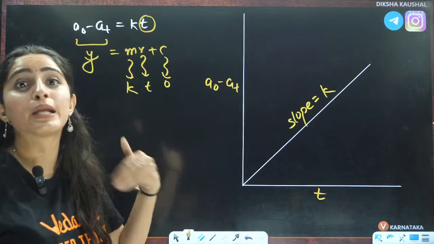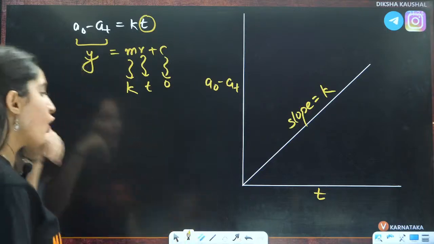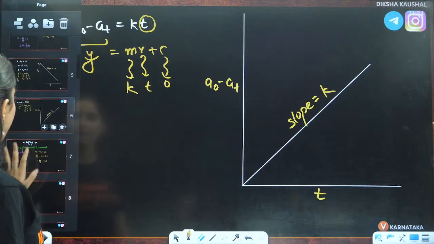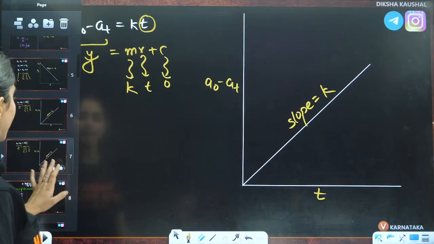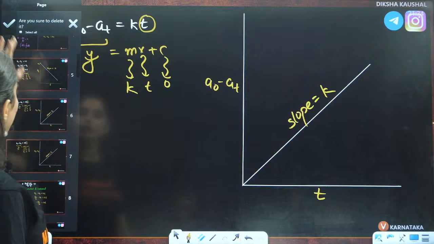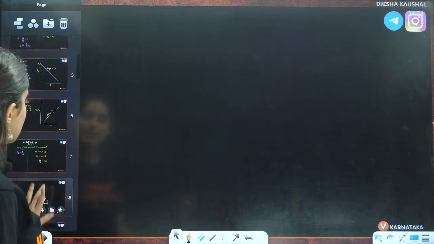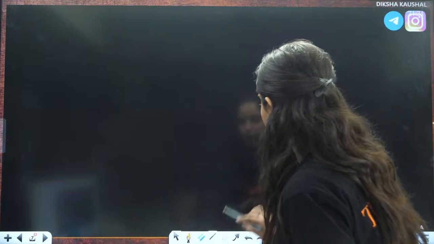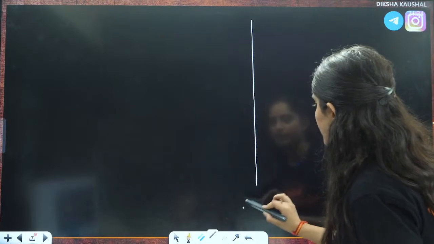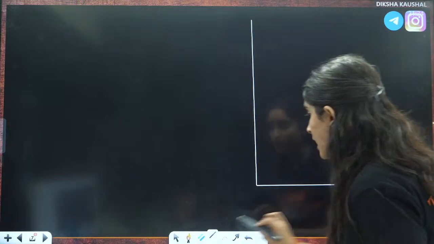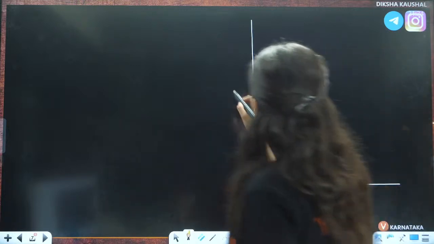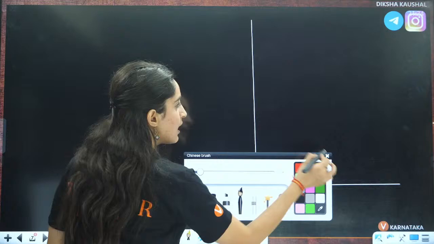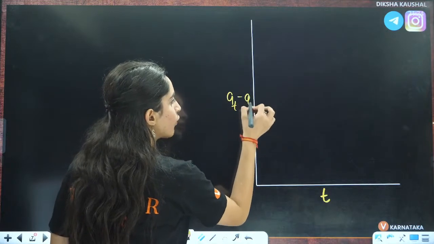So it depends on what they are asking you. For example, they are not asking you a graph like this. Rather, they say make a graph of T and AT minus A naught.